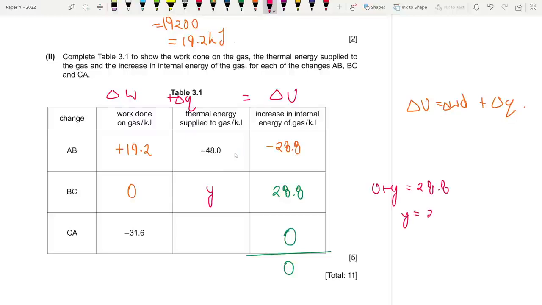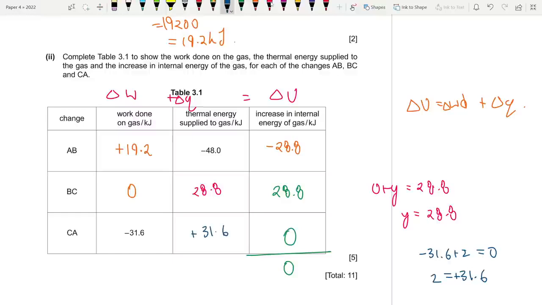So what is the value of Y? It needs to be 28.8. This is a must. So Y is actually 28.8. Similarly, if we name this Z, we can say minus 31.6 plus Z equals 0. So Z needs to be plus 31.6. So Z is in fact plus 31.6.